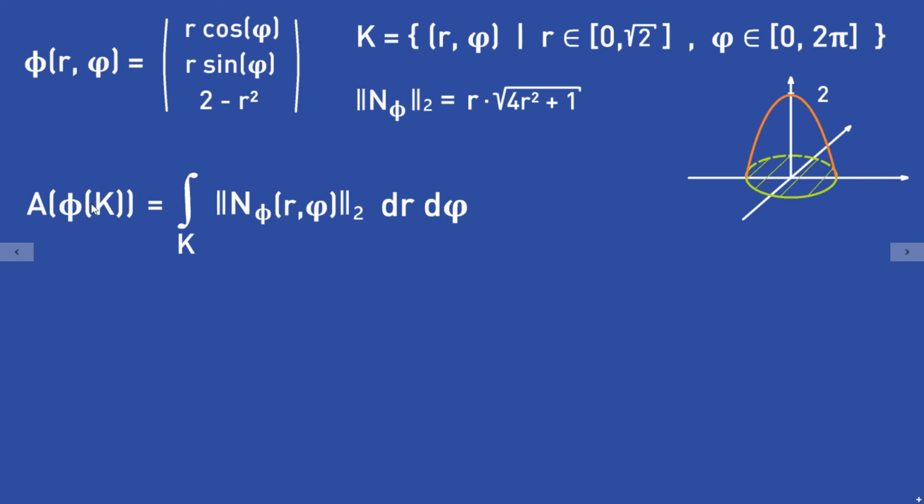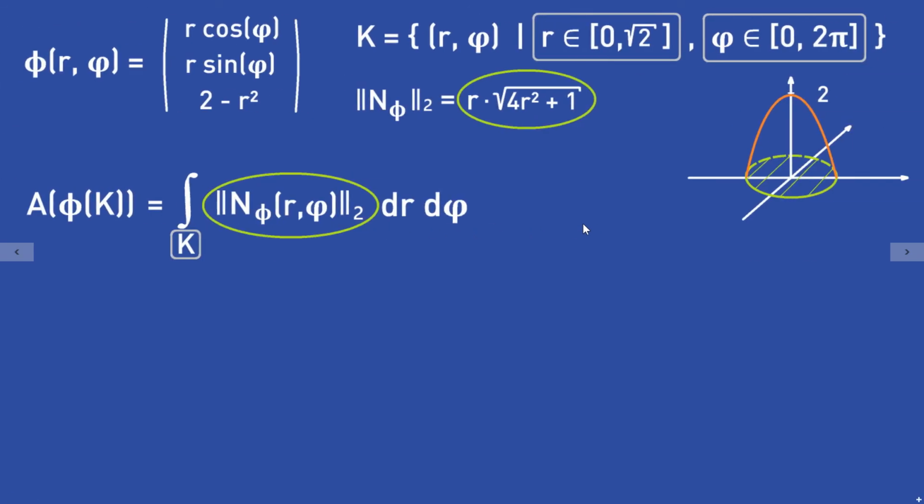To find the surface area, we have to solve this integral here. So the area of phi k is equal to the integral over k of the Euclidean norm of n phi dr d phi. Now we can insert this here, and for k we have to insert this here and that here, and then we get the integral of phi from 0 to 2 pi, the integral of r from 0 to the square root of 2 of r times the square root of 4 times r squared plus 1 dr d phi.